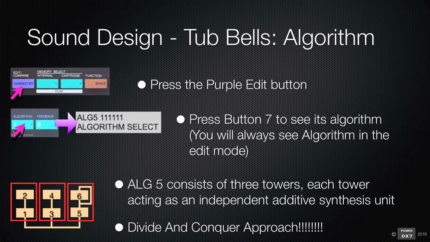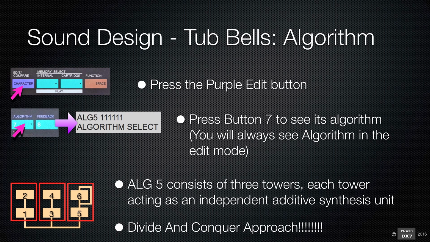The tube bells uses algorithm 5, and if you look at the DX7 front panel, it is a group 1 algorithm with 3 towers, and each tower is acting as an independent additive synthesis unit. This is called the divide and conquer approach.